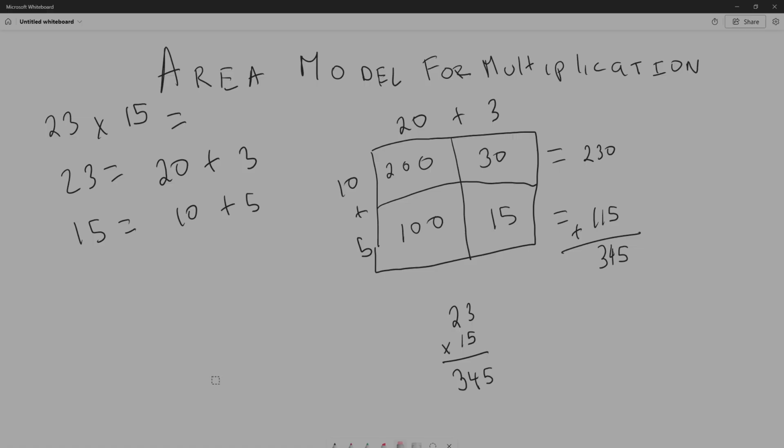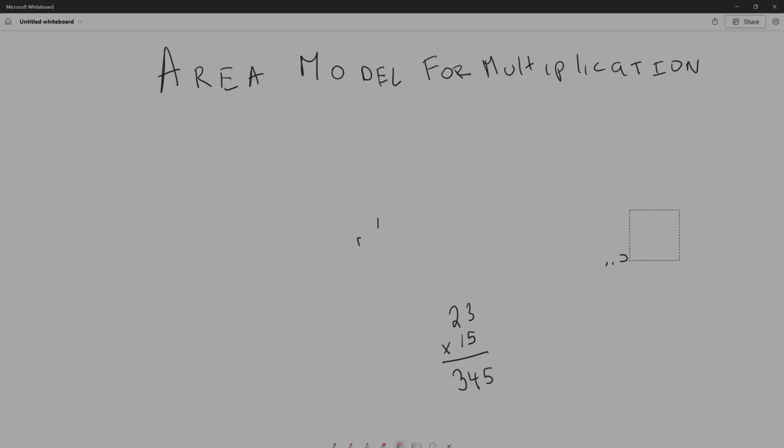Okay, so now let's go to the next exercise. So let me erase the board. The next exercise is gonna be 234 times 12. So we're looking for the result of this multiplication.